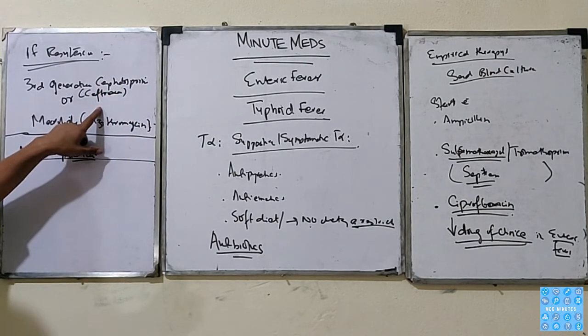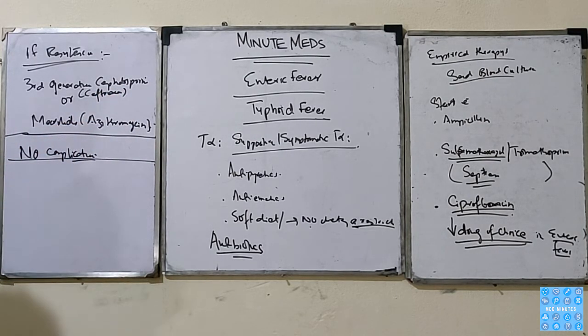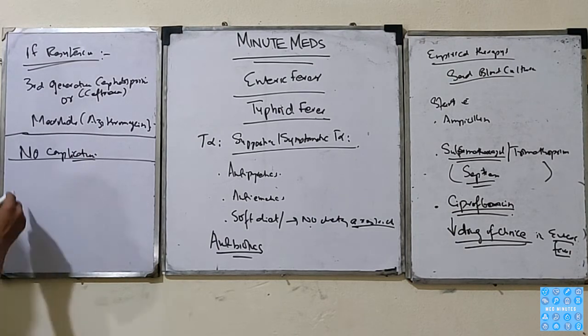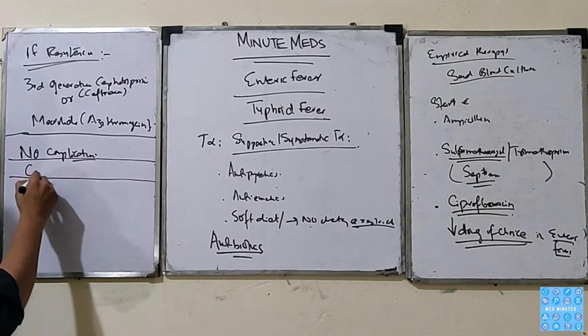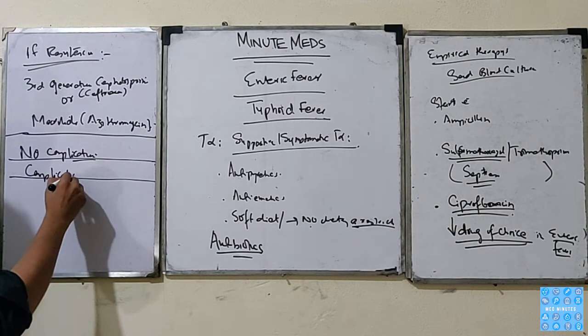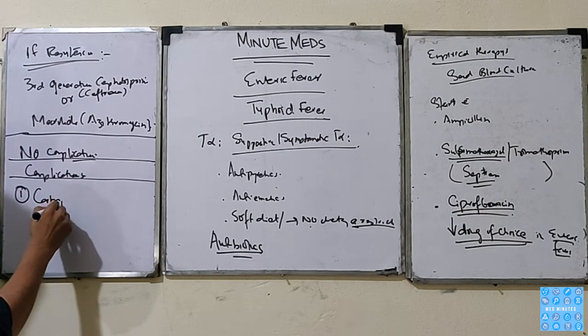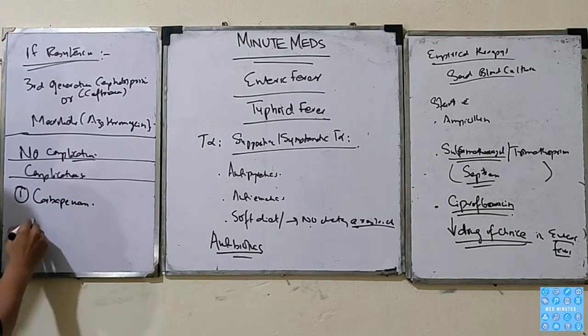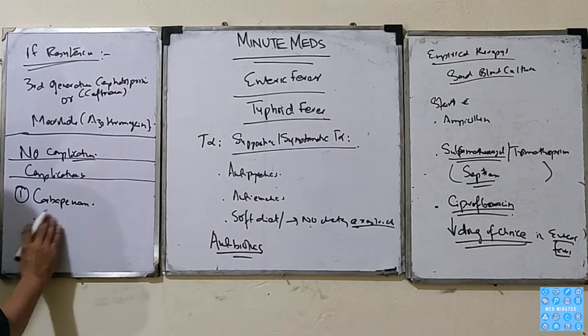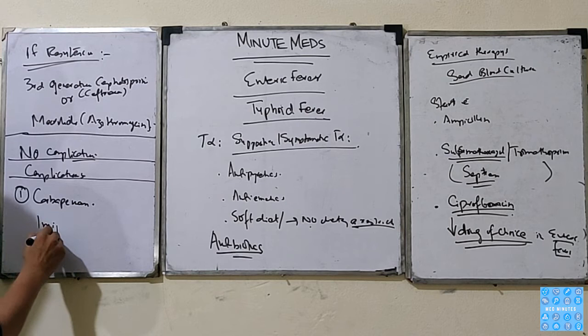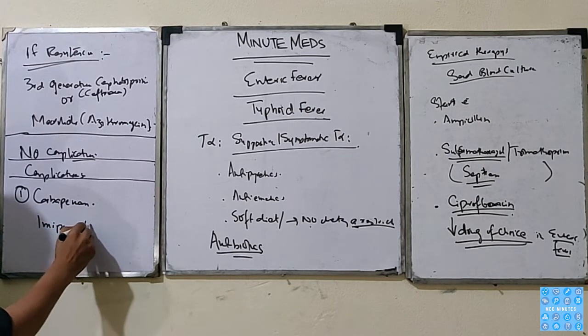We either add azithromycin or we only give macrolides. And if the patient has complications, then we go for the carbapenems like imipenem or meropenem.